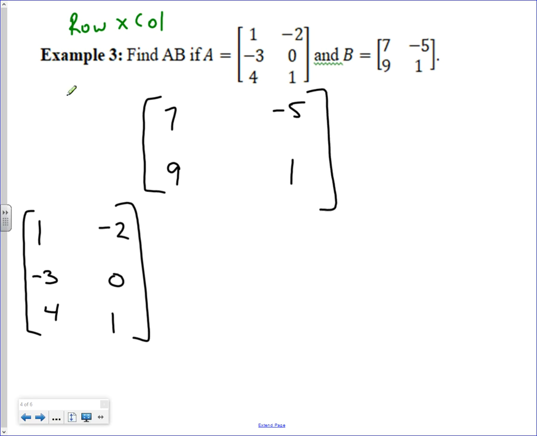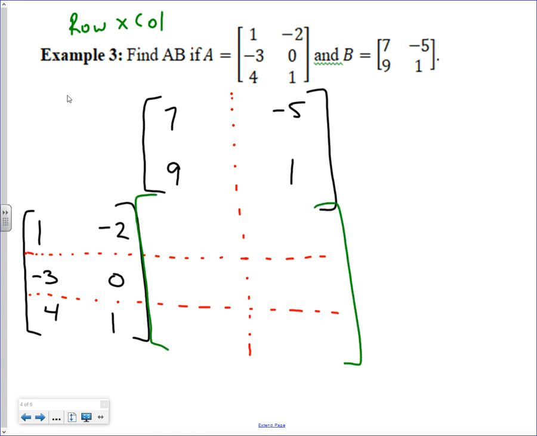And now I'm going to draw my dividing lines in. So I'm going to go in between the rows of my first matrix. Okay? And then in between the columns of my second matrix. And what we have here is going to be my answer. And remember, my answer was 3 rows, 1, 2, 3, 2 columns, 1, 2. Okay, so here we go.